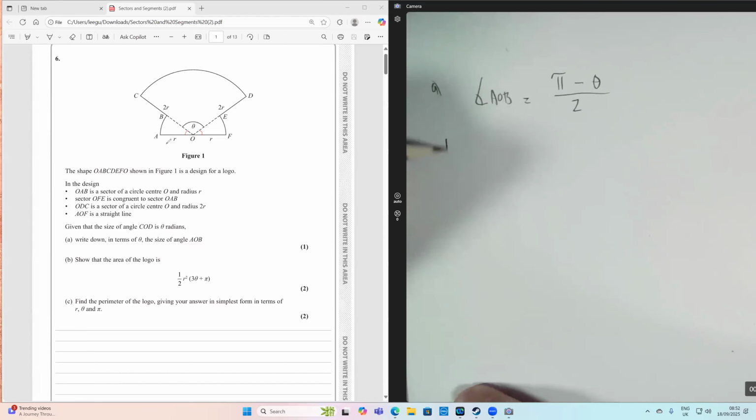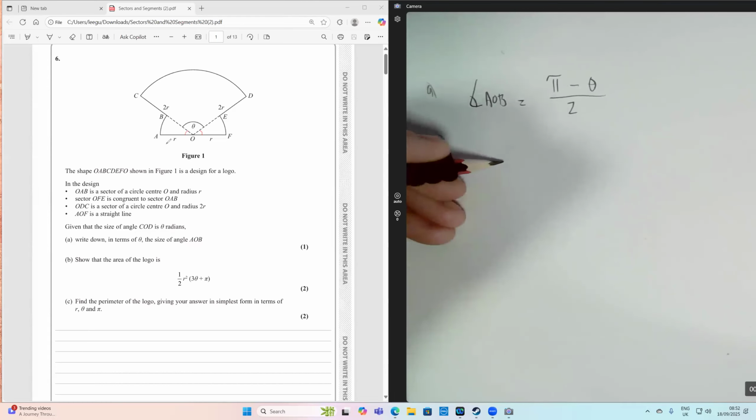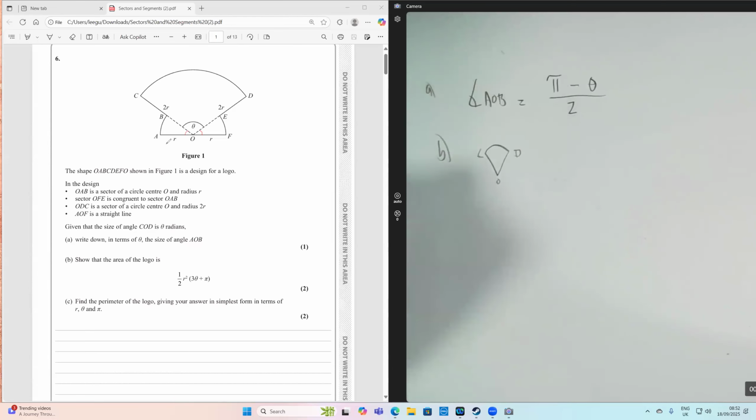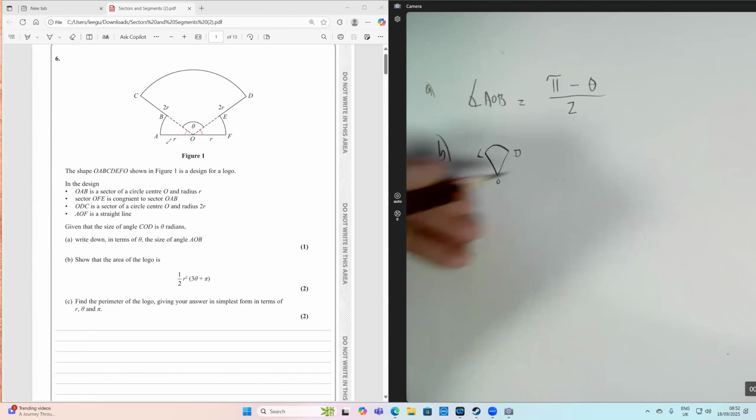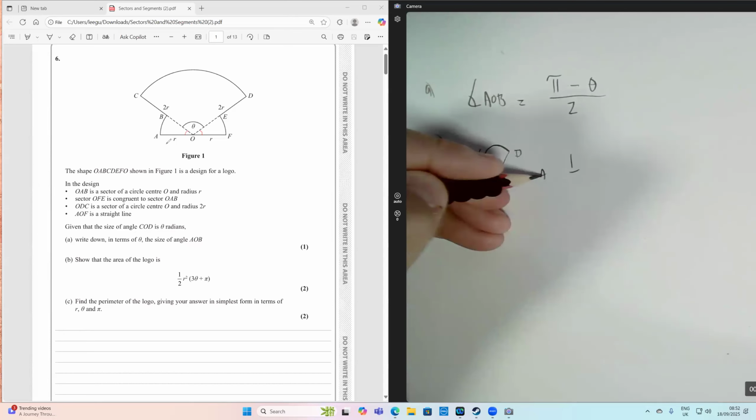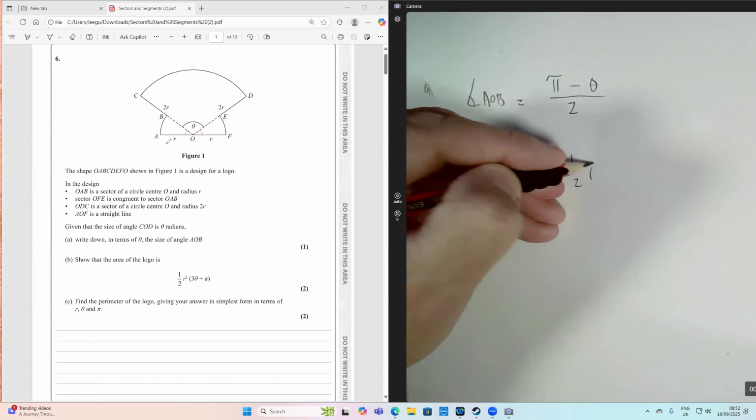Okay, part B, let's have a look at part B. It says, show that the area of the logo is given by that expression there. So first of all, let's find the area of the sector COD. Now, the general formula is area is equal to half r squared theta.